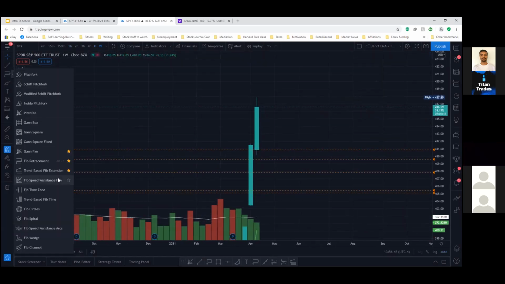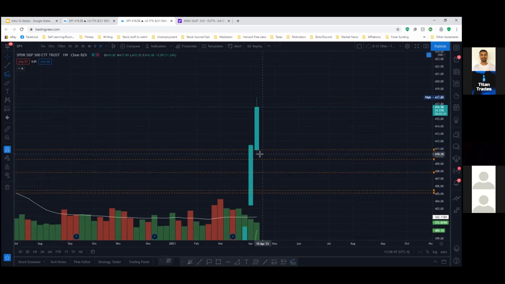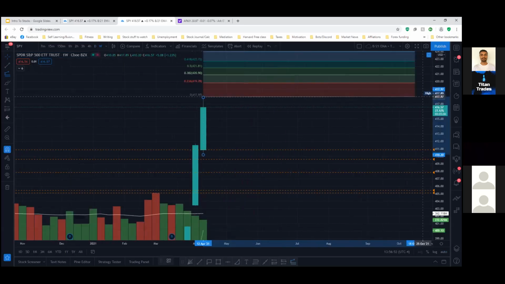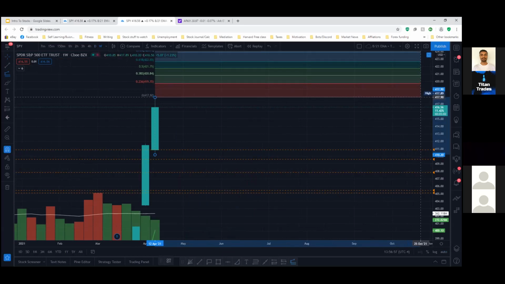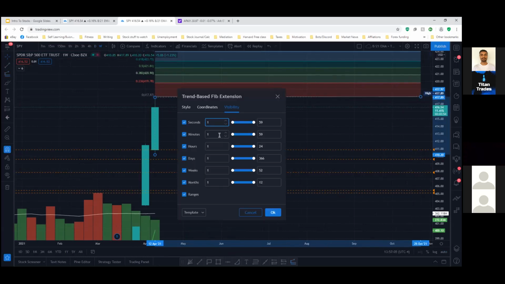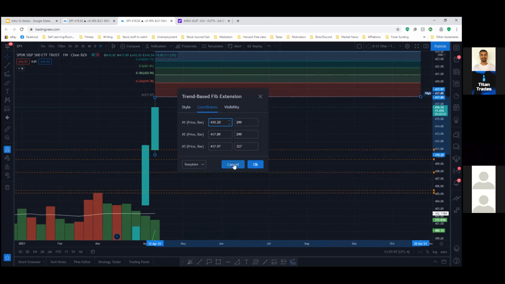In this case, we use not the retracement, we use the extension. We go from the bottom of the weekly candle all the way to the top of this weekly candle. Extend it a little bit and then make sure it's perfectly accurate. It's gotta be accurate, 417.89.